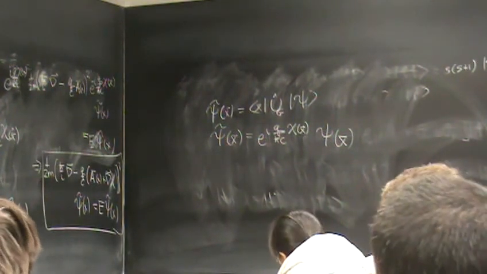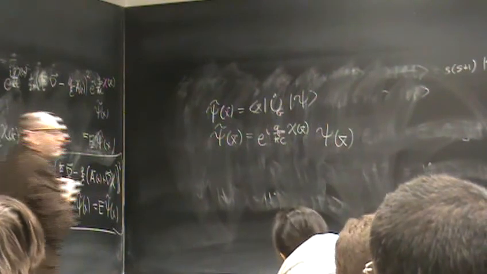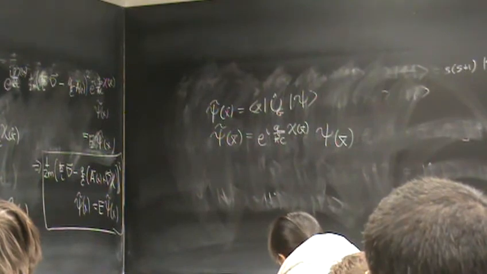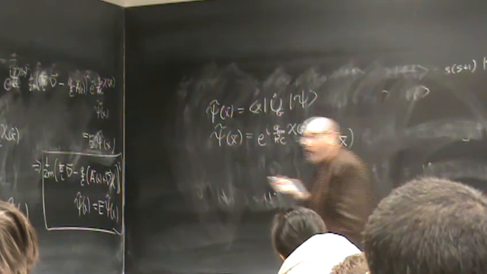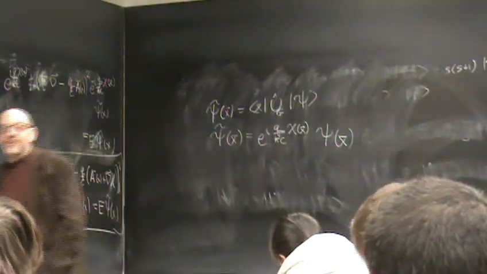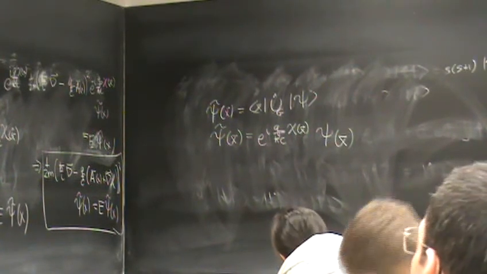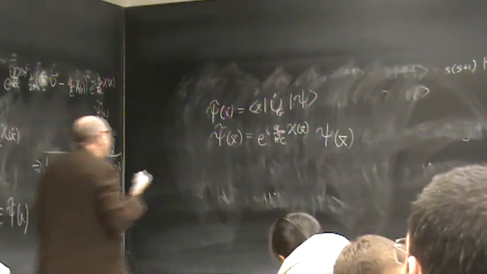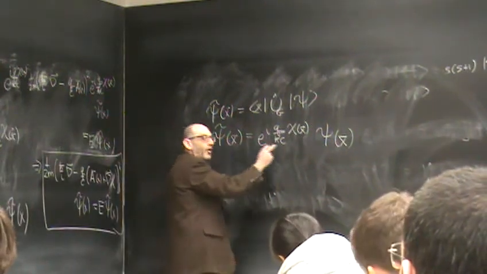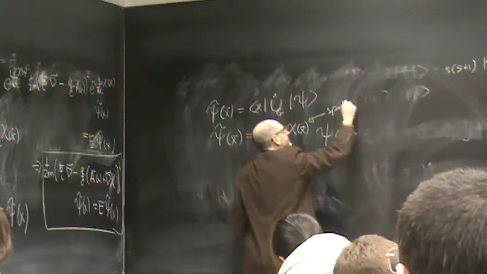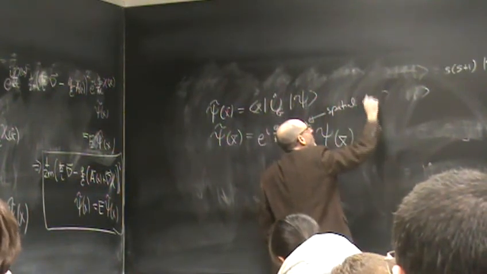Now, here's the important point. We said that the overall phase of the wave function was irrelevant, right? And in this case, we do have an overall phase, but it's spatially dependent. So it's a local phase.